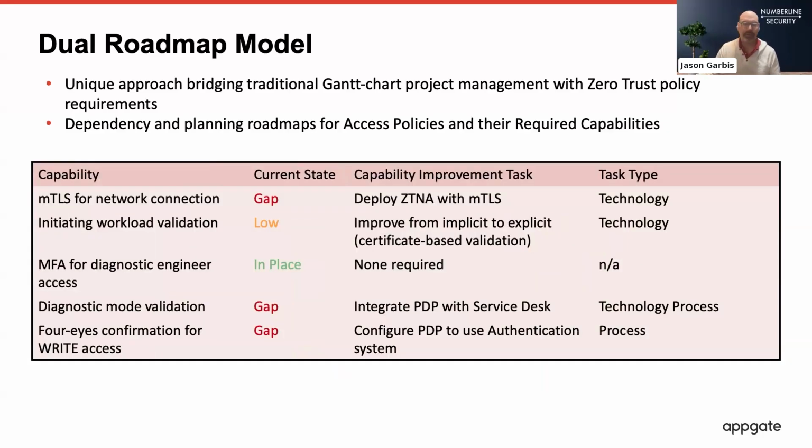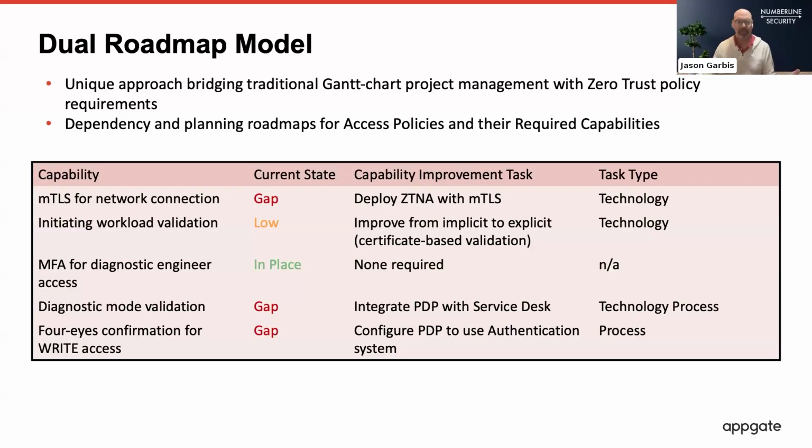And if you go to the next slide, Corey, real quick, this is the simple example from a fictional environment where you might have something like MFA prompt for a diagnostic engineer to access a certain system. And you can see in this world, it's green, the organization is good, they can begin using it in the policy. But something like mutual TLS for network connections, that's identified as a gap in this environment.